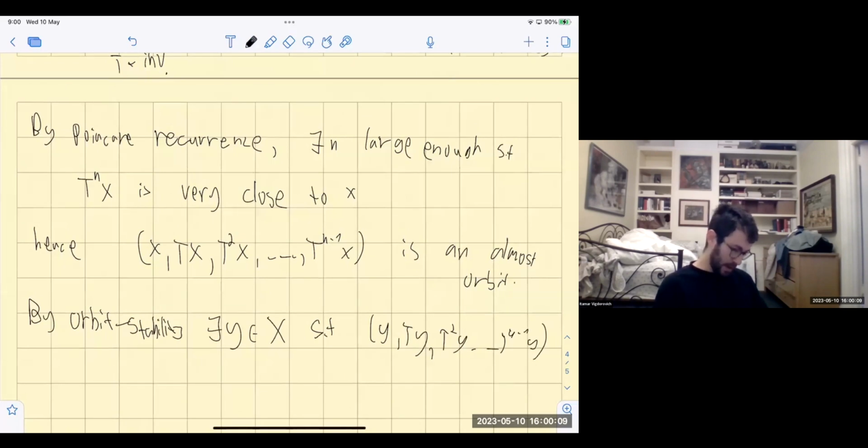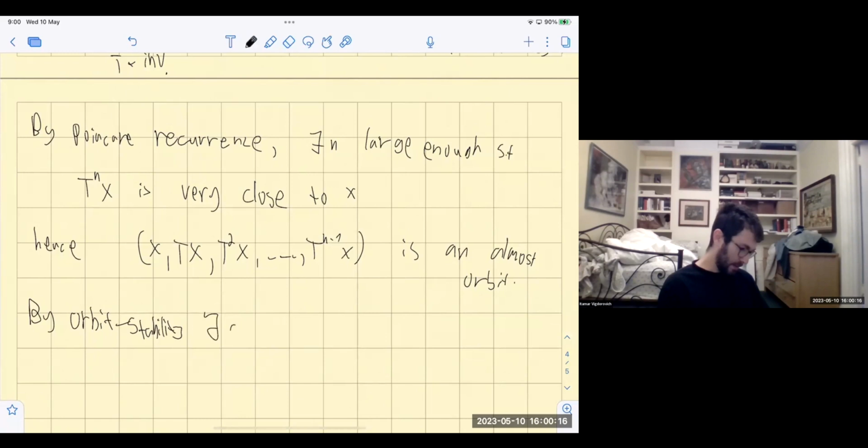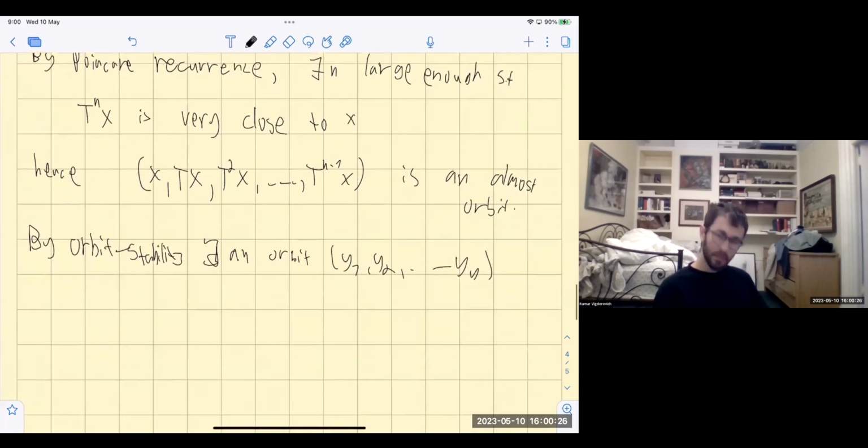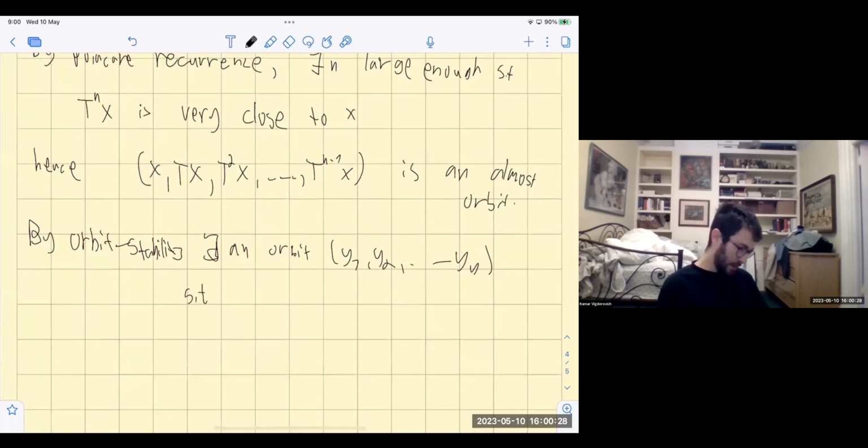So first of all, let's just say there exists an orbit, by orbit stability, y1, y2, up to yn, such that the distance between xi and yi is small.